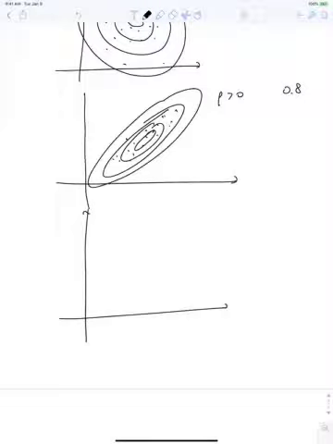Somehow the data are aligned along this line here. Now if the straight line has a negative slope, then the correlation coefficient is going to be negative. This would be the case, for example, between density of a rock and porosity of a rock.